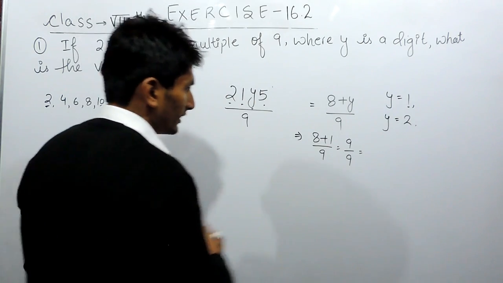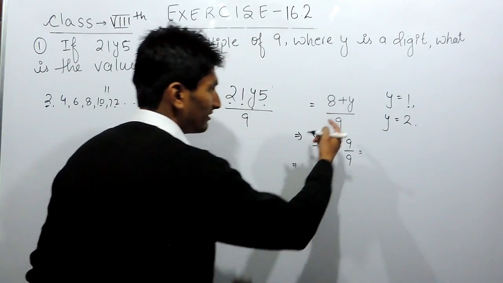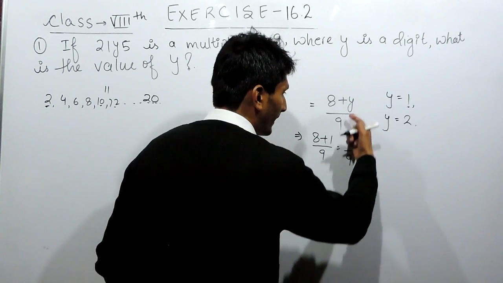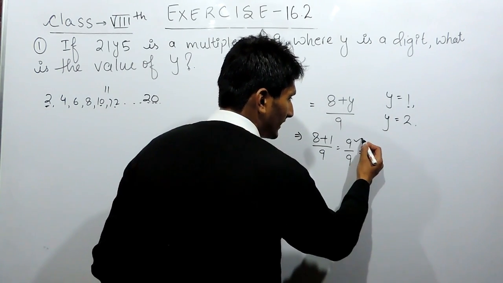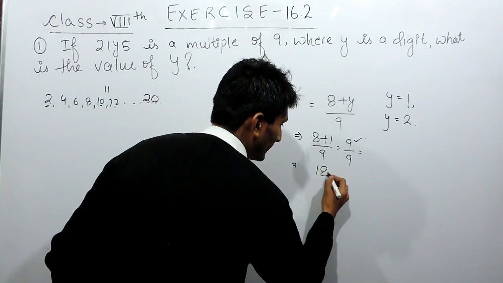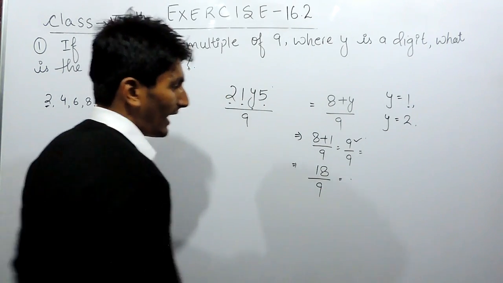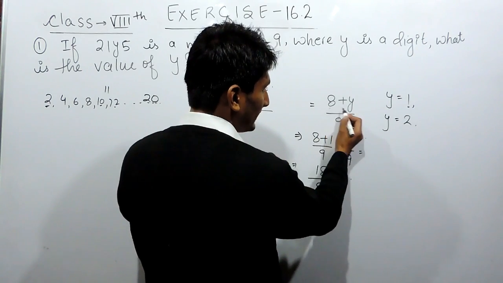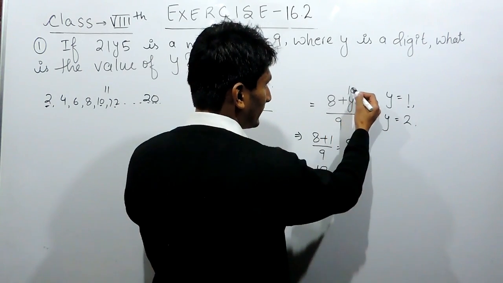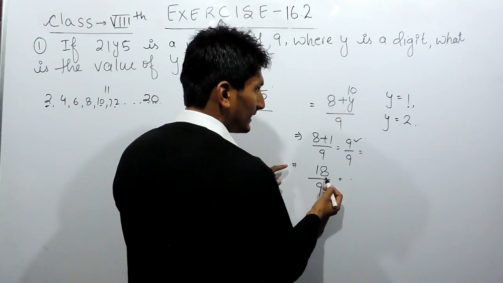Or in other words, if you want the sum to be divisible by 9, the first sum is 9, so the next sum must be 18, and then only it will be divisible. To make this sum 18, y must be 10, then only 8 plus 10 will be 18.